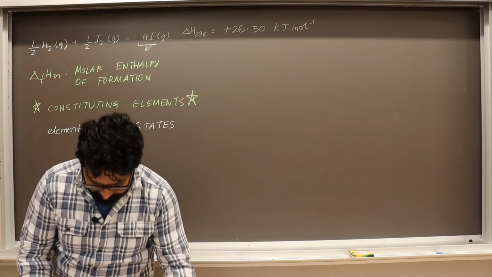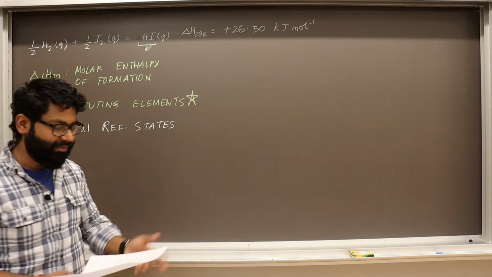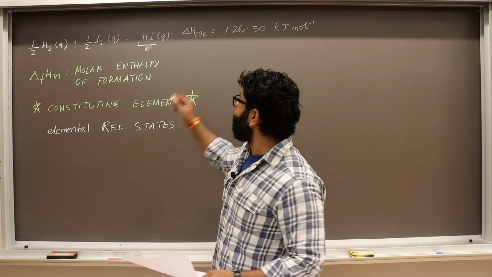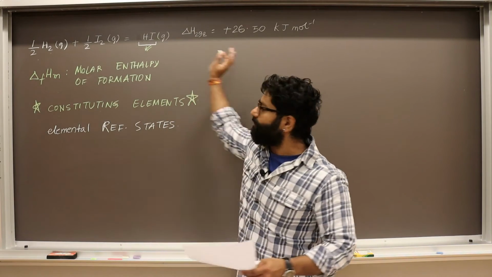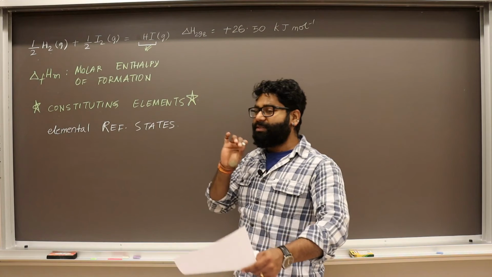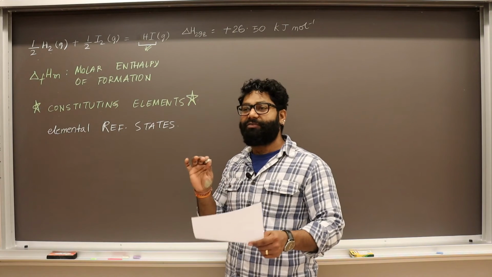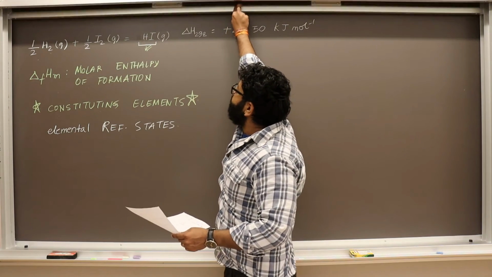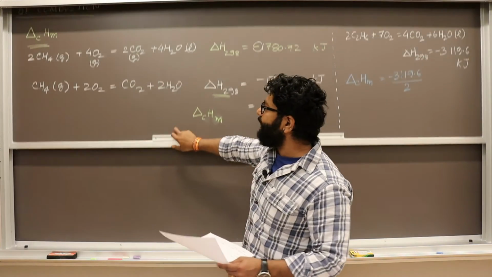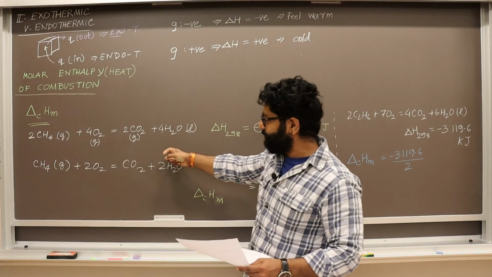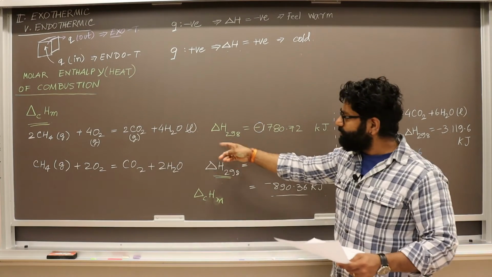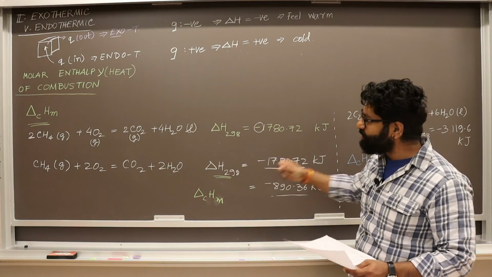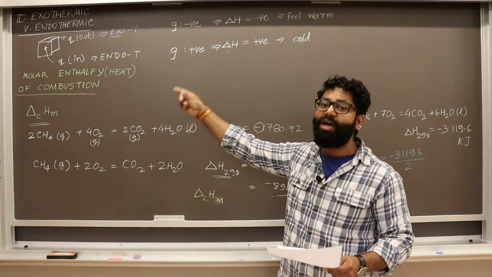Now, there are some other delta H values with a similar concept. You see how we are calculating the delta H of a reaction, and then for a particular type of reaction, we give a particular name. Here, the type of reaction was combustion, so for a combustion reaction the enthalpy change became the molar enthalpy of combustion.